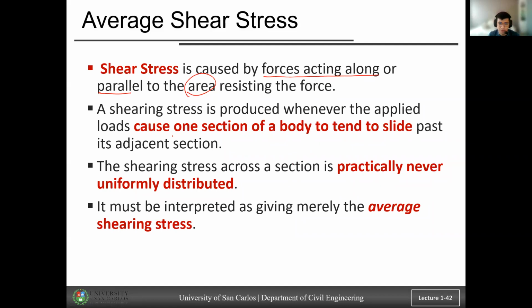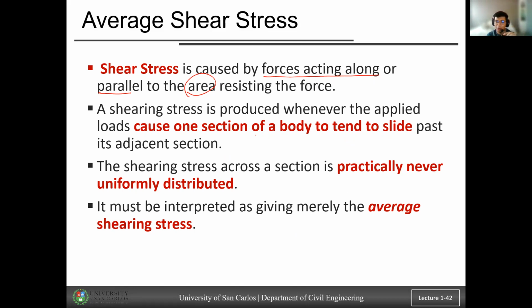Okay, it is also caused when the applied loads cause one section of the body to slide past its adjacent section. Most likely what this means is that usually in bolt systems, it's not just two areas, right?